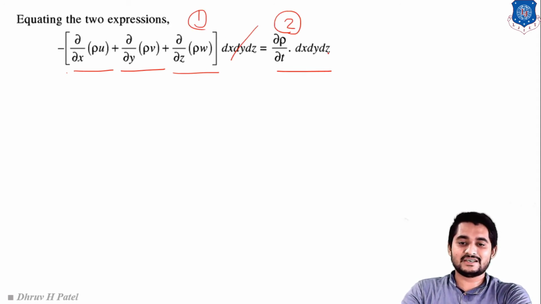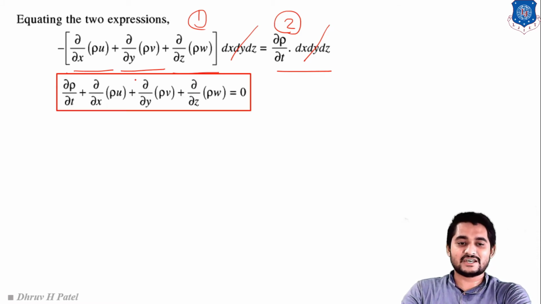From the comparison dx dy dz get cancelled. In the next step, if we take all the minus terms to the right hand side, it becomes del rho by del t plus del rho u by dx, plus del rho v by dy, plus del rho w by dz equal to 0. That is known as the continuity equation in three-dimensional flow.